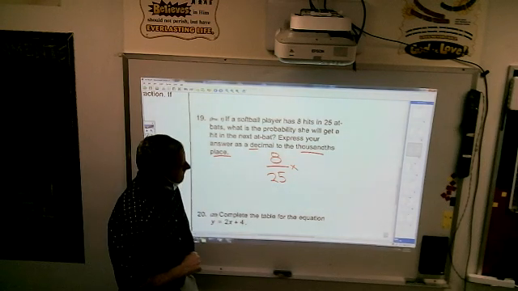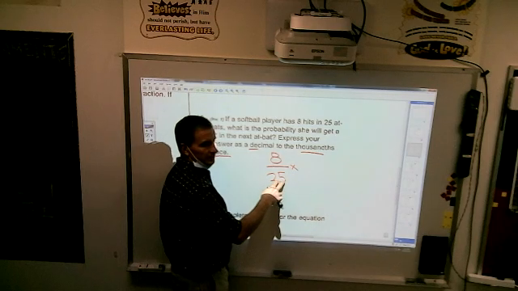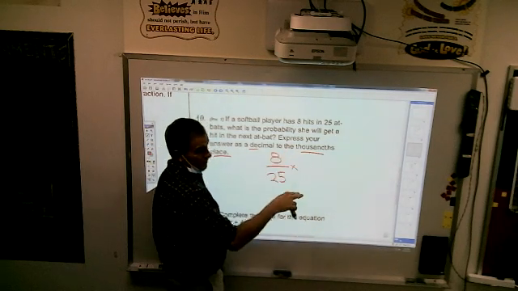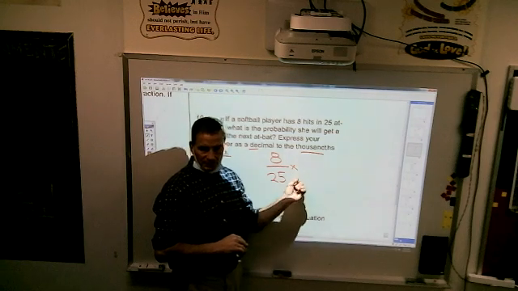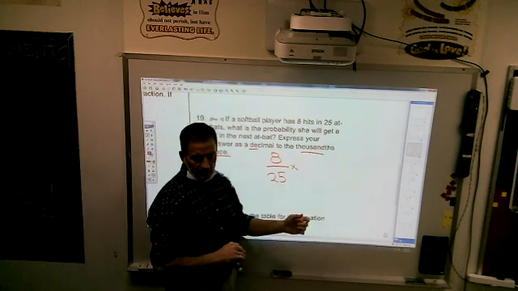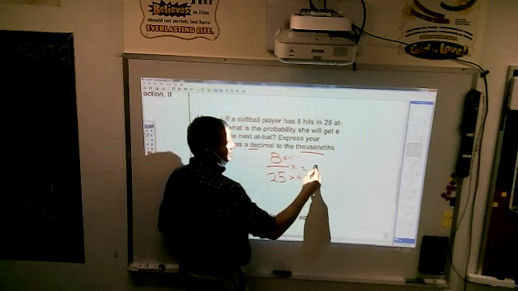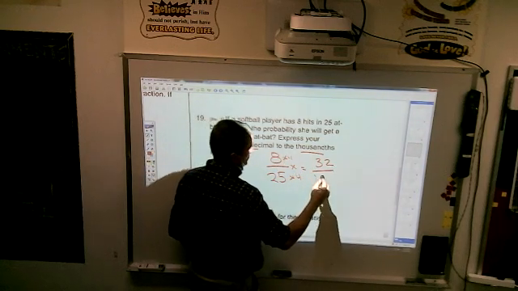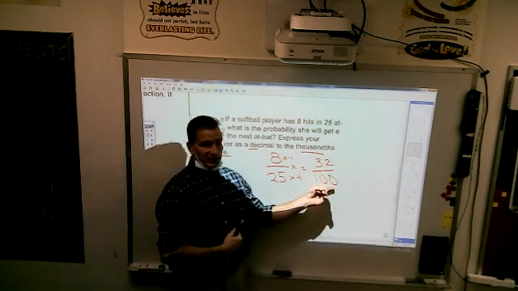If I want to put 100 on the bottom of my fraction, what would I have to do? Multiply by 4. So it ends up being 32 over 100. Still doesn't answer my question because it wanted it in 1,000. But how can I change 100 to 1,000?